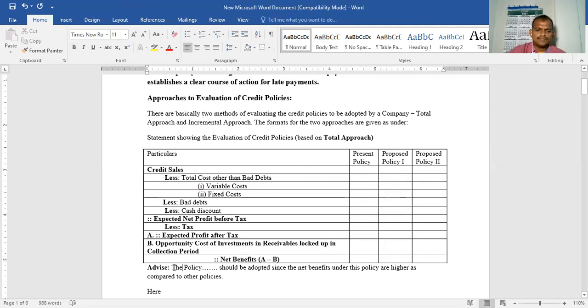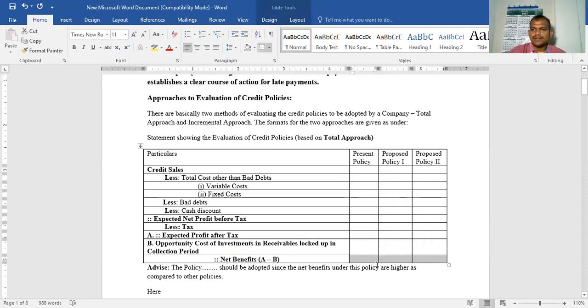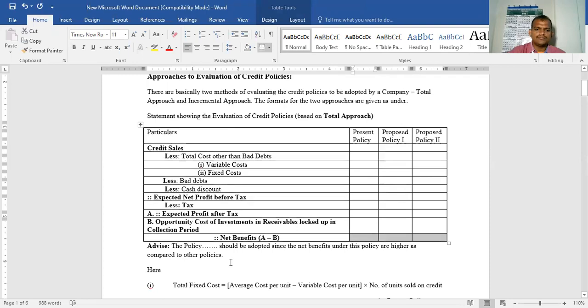So advice: the policy, whatever the policy may be, whether present policy or proposed policy, should be adopted since the net benefits under this policy are higher as compared to the other policies. So whichever has net benefits higher, that policy should be adopted.